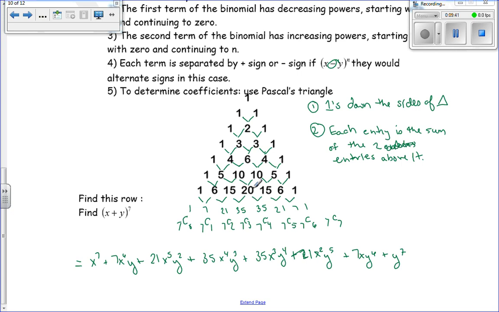Pascal's triangle is all of our combinations. Okay? So, like here would be 6C0, 6C1, 6C2, 6C3, 6C4, 6C5, 6C6. Okay, Pascal's triangle has a lot of neat things in it that you don't always see, but for right now, these are the important features that we need to know.